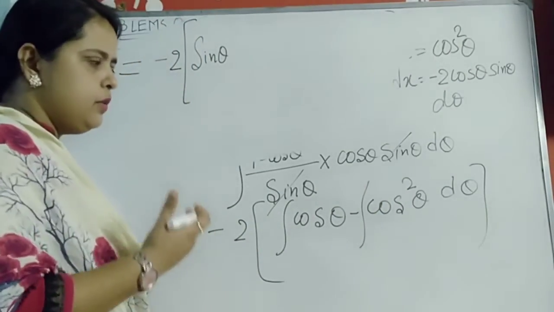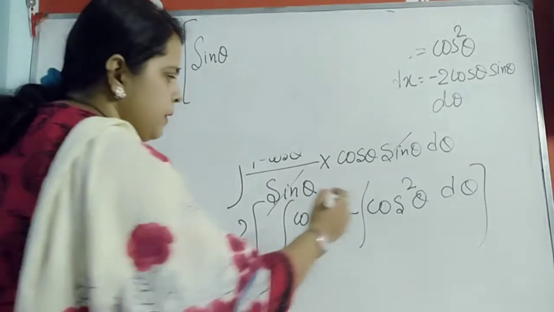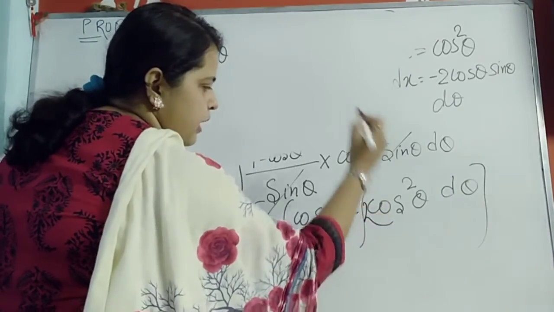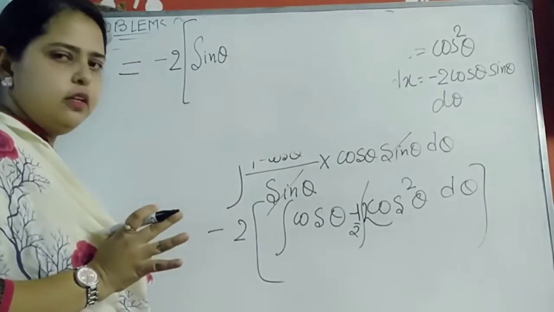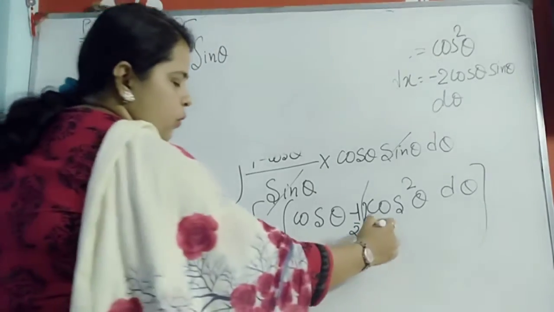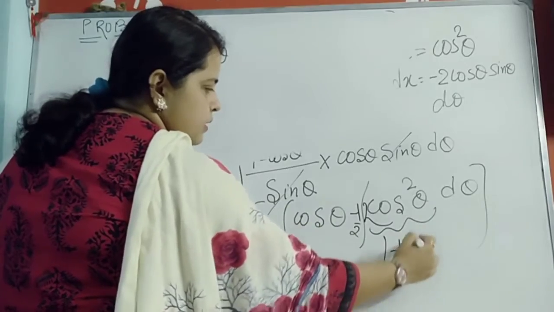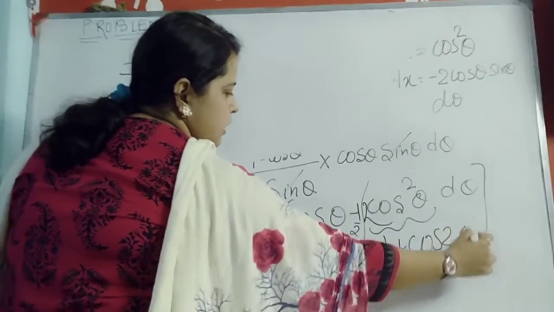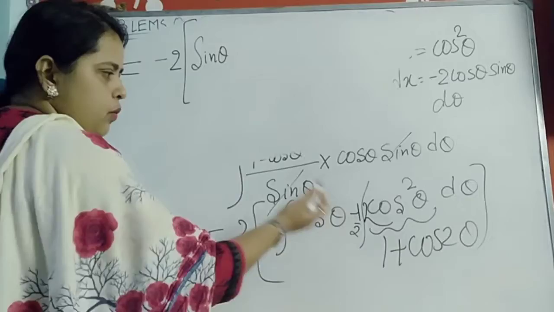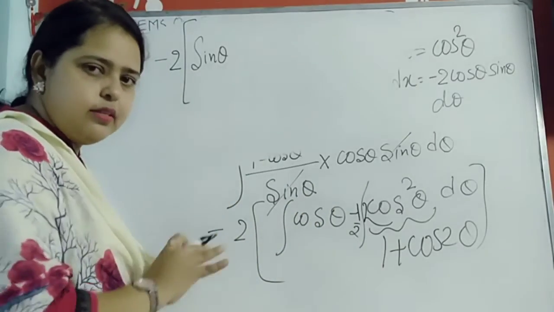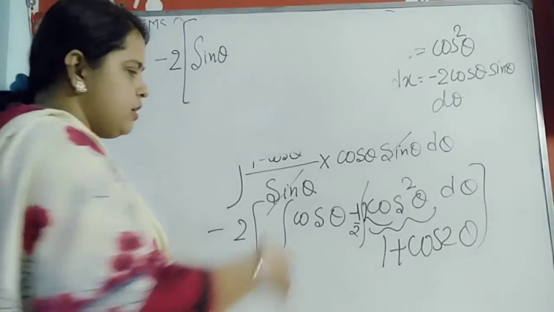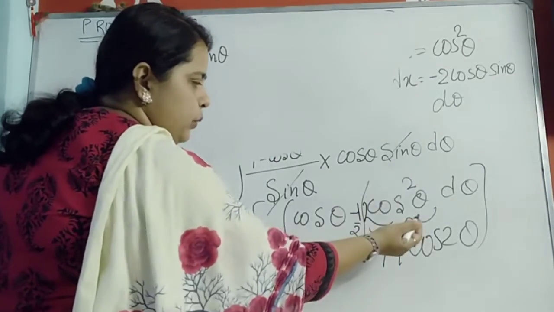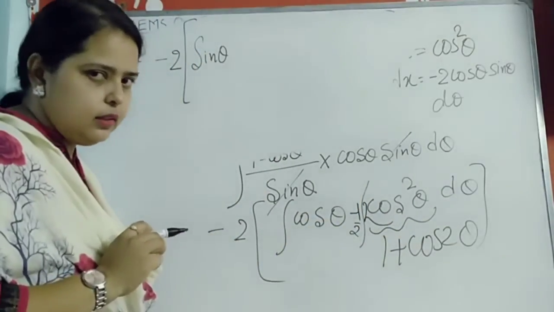This is not giving me the direct formula. But it can be turned into a direct formula if I multiply a 2 there and a 2 outside, in the denominator. What does it recall? It is the formula of 1 plus cos 2 theta, isn't it? So for cos square theta, whose direct integration value is not known to me, I multiplied a 2 there and in the denominator, correct?